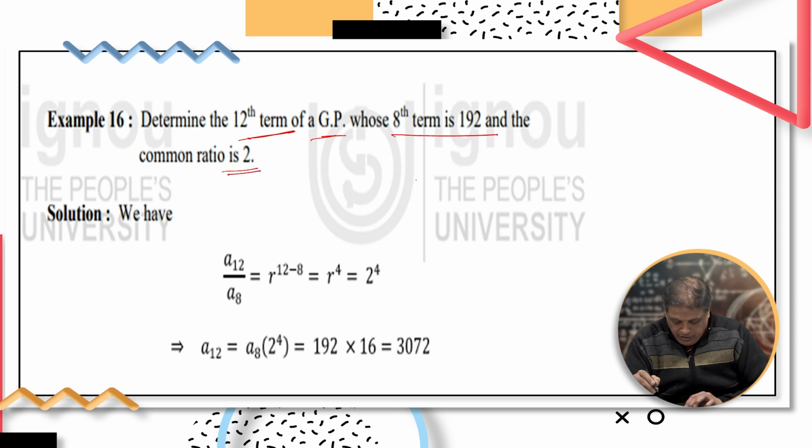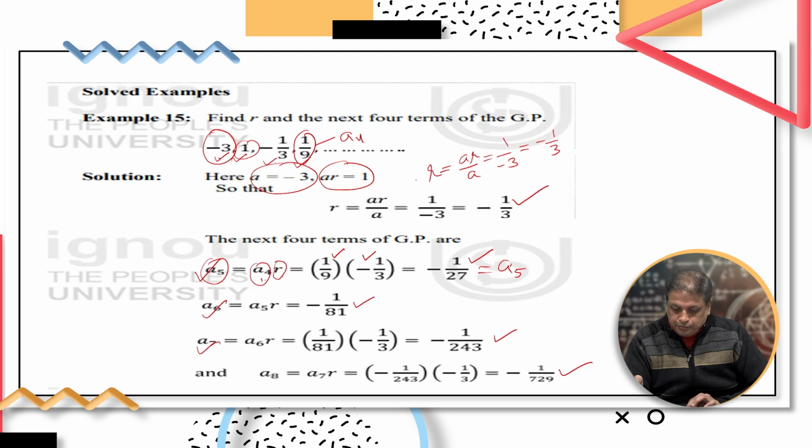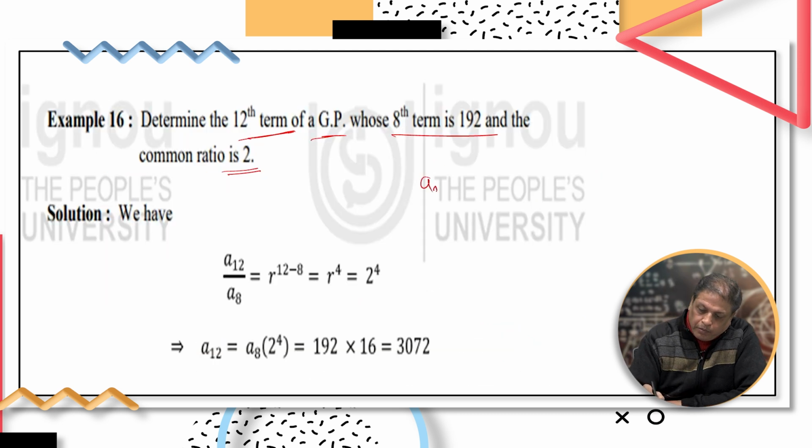We are already aware of the formula, that is an by am is equal to r to the power n minus m. Here an is the 12th term, and am is the 8th term.